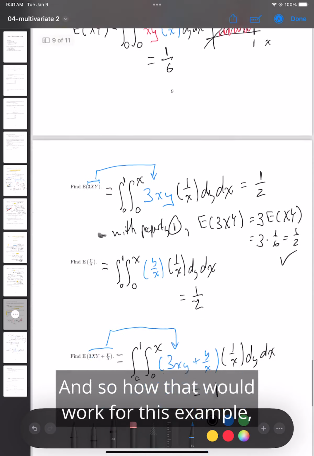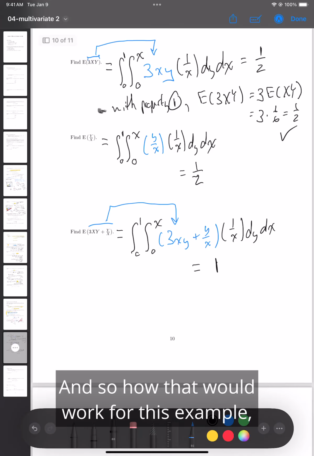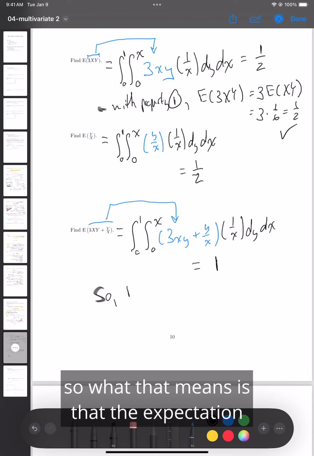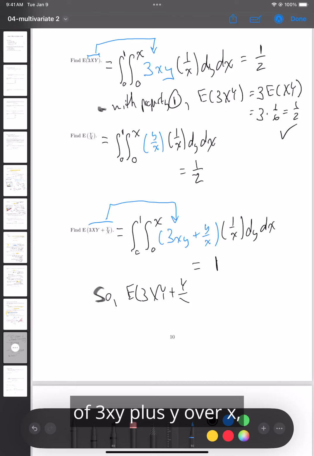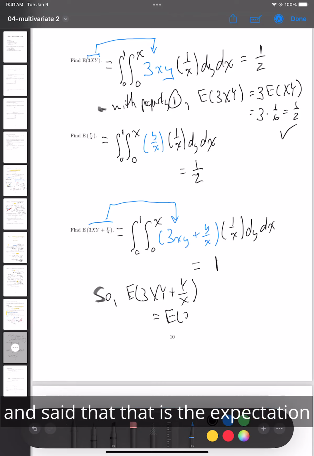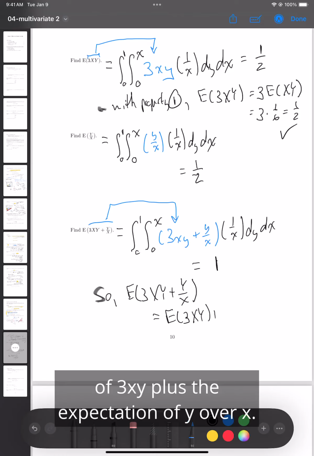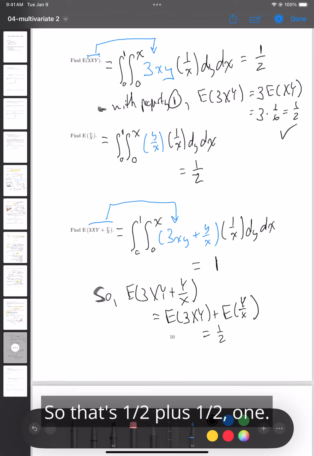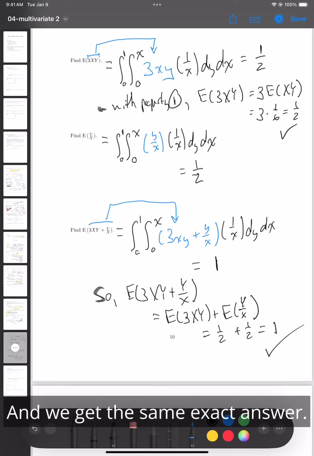So for this example, the expectation of 3XY plus Y over X, we could have used a shortcut and said that that is the expectation of 3XY plus the expectation of Y over X, and we had already computed those two things to be 1/2. So that's 1/2 plus 1/2, which is 1, and we get the same exact answer.